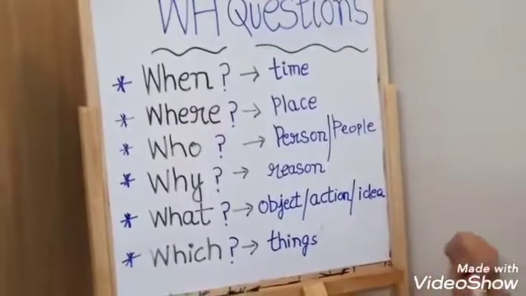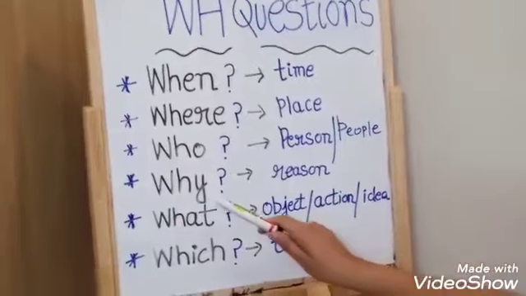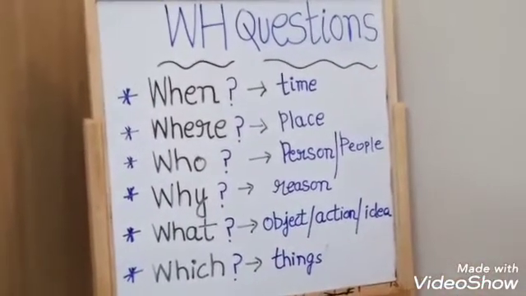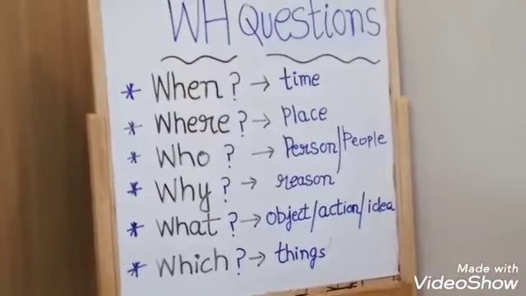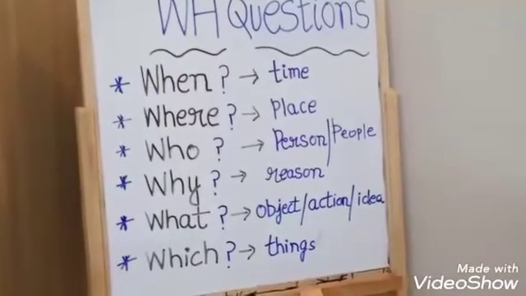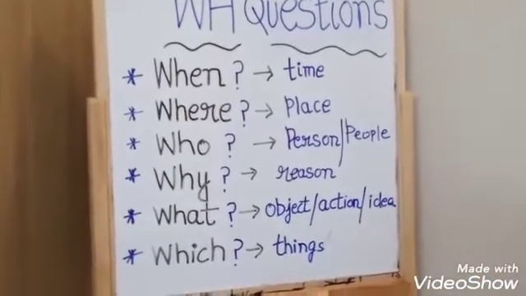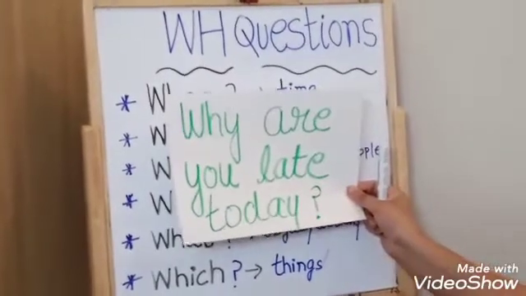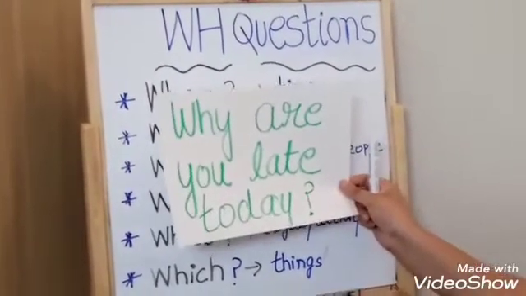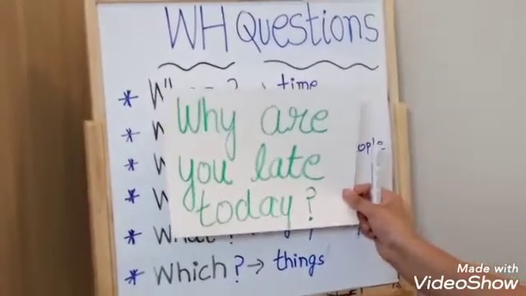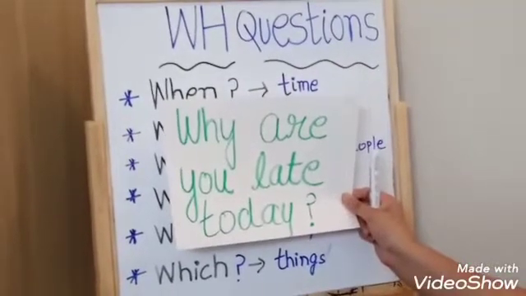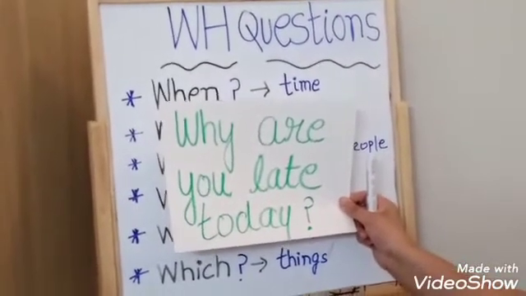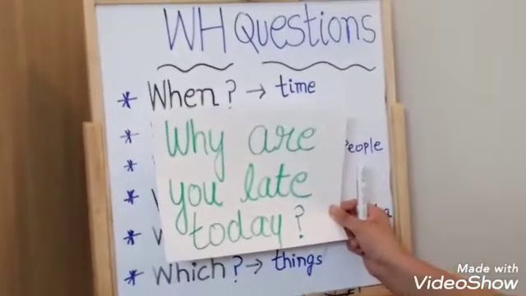So our next WH question is why. A lot of times we need to know the reason as to why something happened. Like, why are you late today? So when you ask a question using why, you need to tell the reason. Why are you late? Maybe you can say, I missed my bus or I got up late.